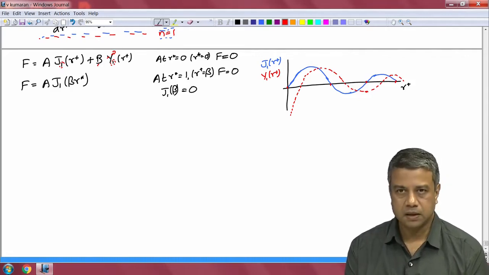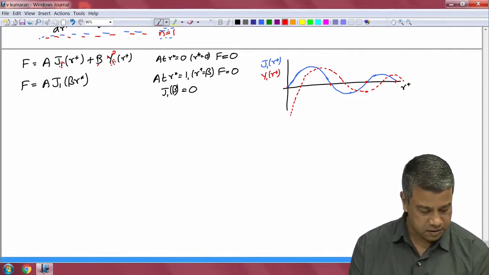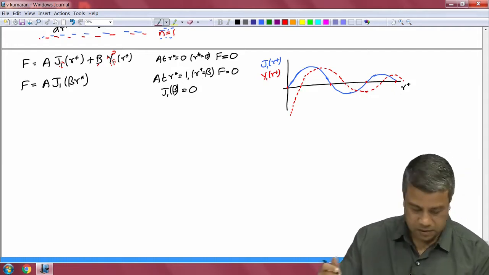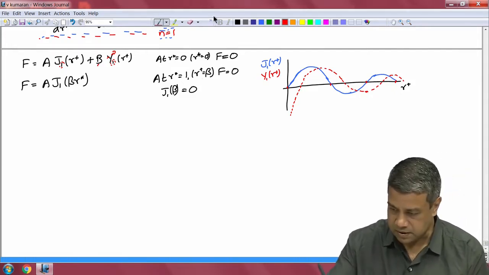It crosses the axis at discrete values of beta, so you will get a discrete set of values.